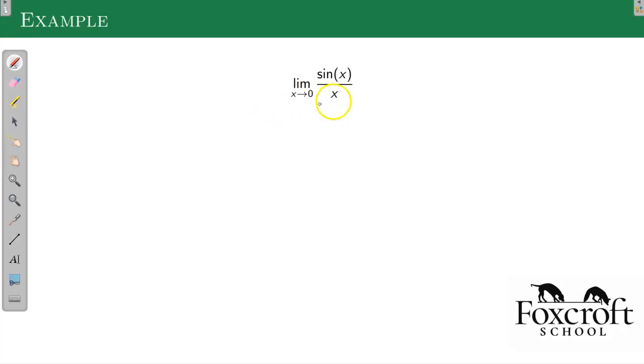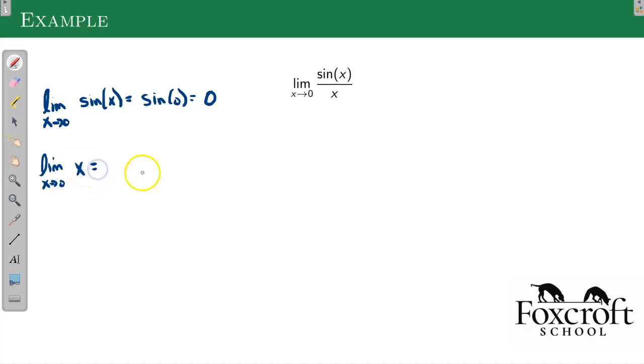Here's another example. The limit as x approaches 0 of sine of x over x. If I want to use L'Hopital's rule, I'm going to check the limit of the top function, kind of to the side. That's sine of 0, and sine of 0 is 0. The limit as x approaches 0 of x is 0.